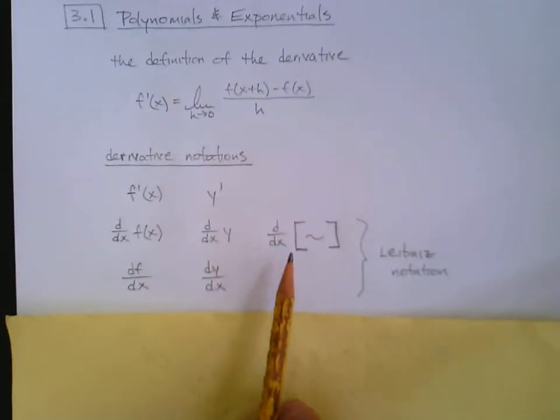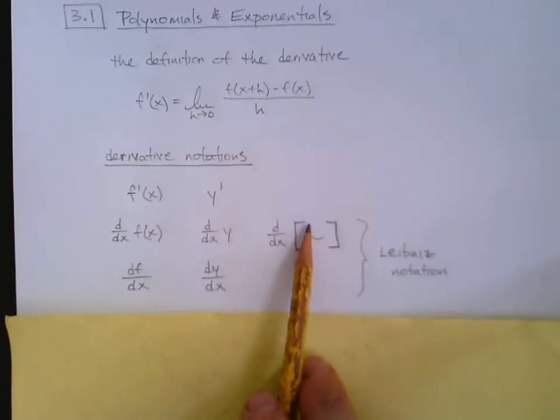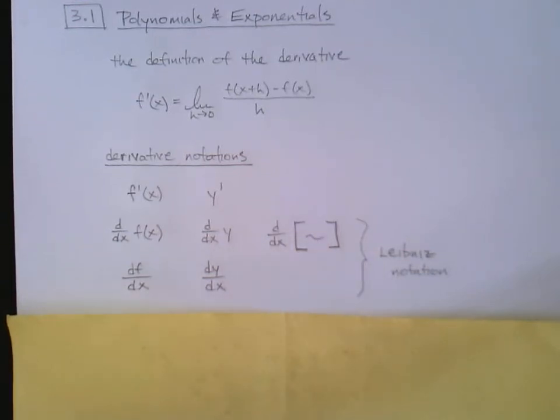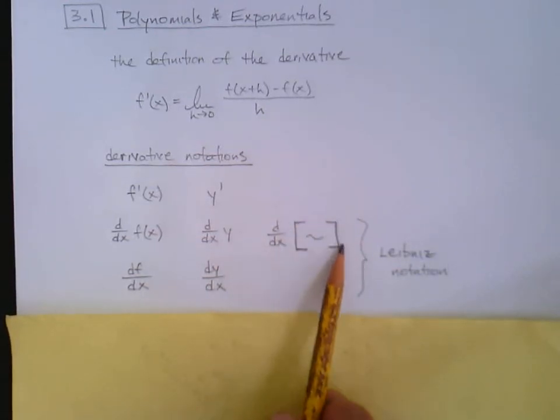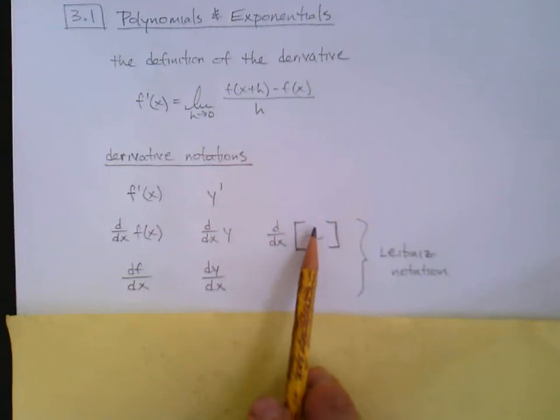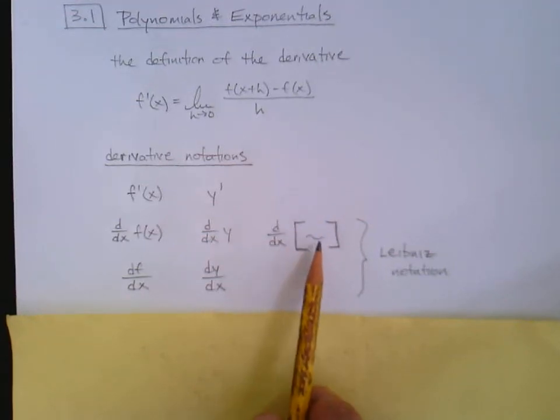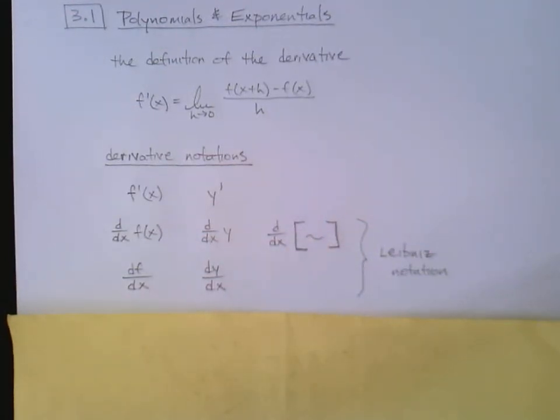Also in the same way, and this one's helpful a lot of times, you can actually write what the function is inside there. So d over dx and then some square brackets, and then actually write what it is. Maybe it's x squared or a square root or whatever. That one comes in handy. And then there's shorthand for these two.